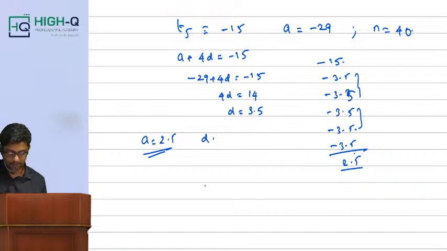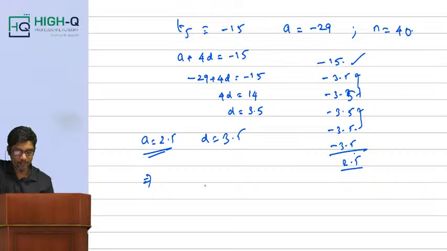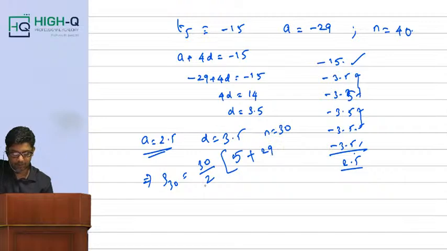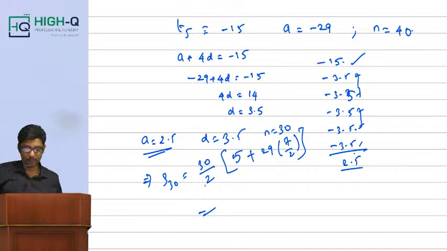So the common difference is 3.5. Let me check. So total how many terms? 5, 6, 7, 8, 9, 10. So out of 40 terms, 10 terms are already gone. We have only 30 terms now. So 30 is equal to n by 2, 2a plus n minus 1 into d. This is what I'm getting, my dear.